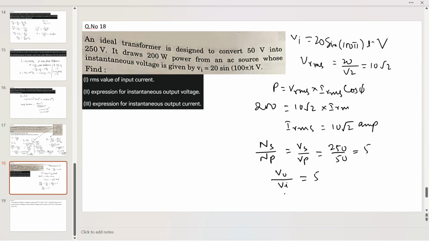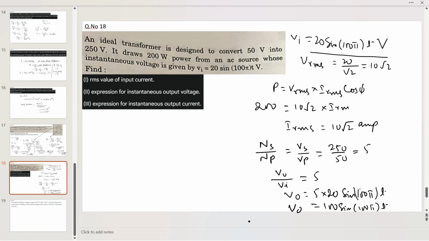So your V naught will be equal to 5 Vi. This is your Vi, 20 sine 100 pi t. So this will be equal to 100 sine 100 pi t. Now this is your expression for V output.